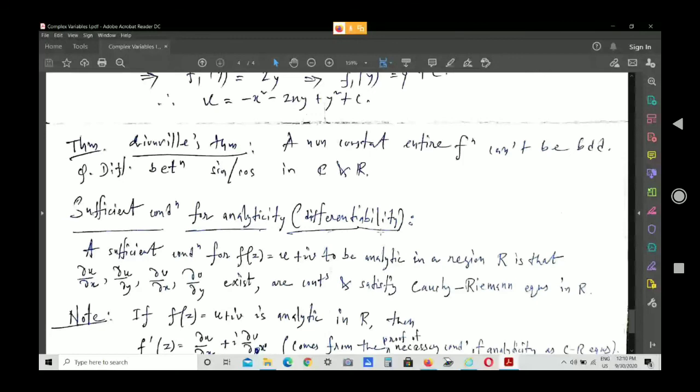But it is bounded. In the case of a complex variable, a non-constant entire function cannot be bounded.